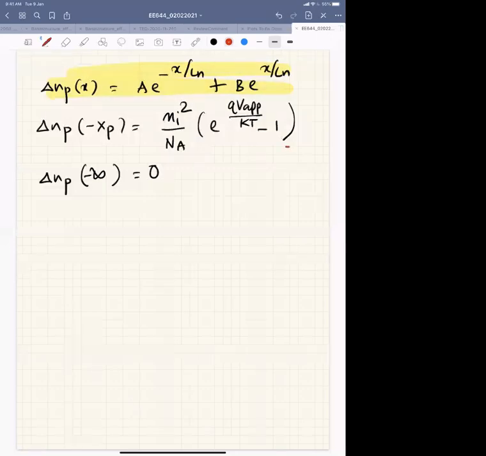So this is condition 1, this is condition 2. Applying boundary condition 2, which one will be 0, A or B?